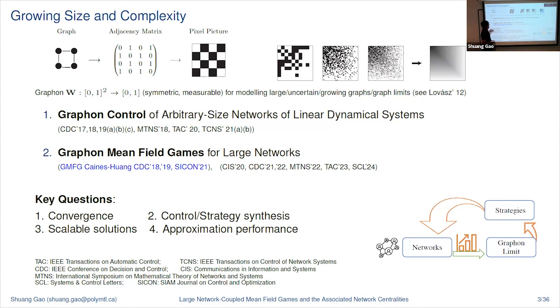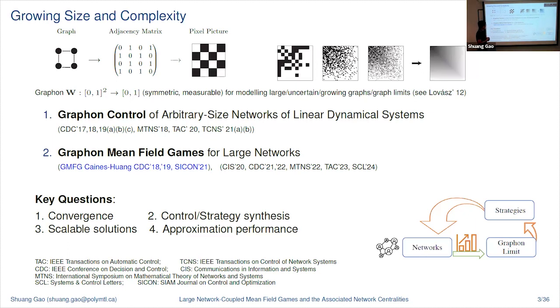The studies that have been carried out use graphons in studying control problems of networks of linear systems. This started in 2017. I have then done a set of work on graphon mean field games. In the linear quadratic case, we have analytic solutions.